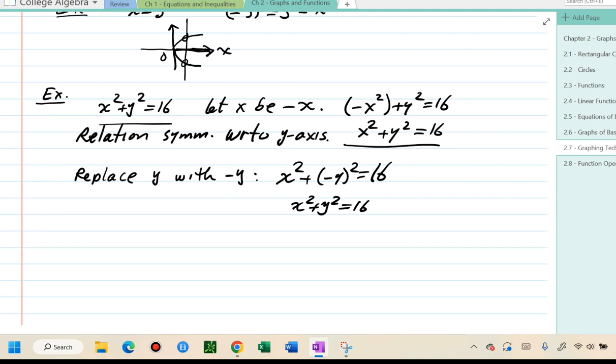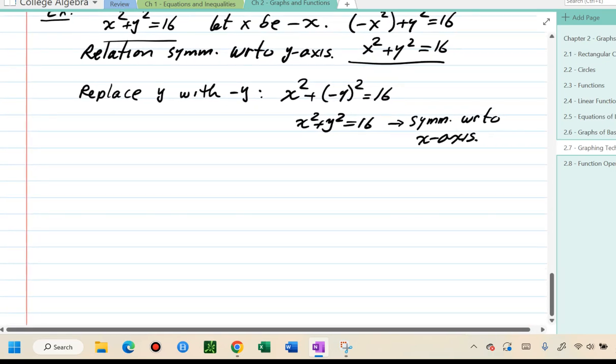And that is the original equation, same as the first one. Therefore, the graph of this would be symmetric with respect to the x-axis. Now again, this cannot be a function because it has symmetry with respect to the x-axis.